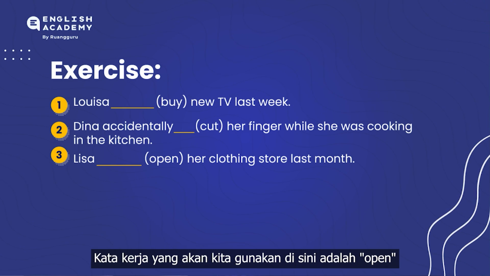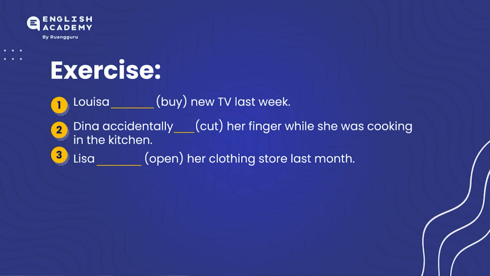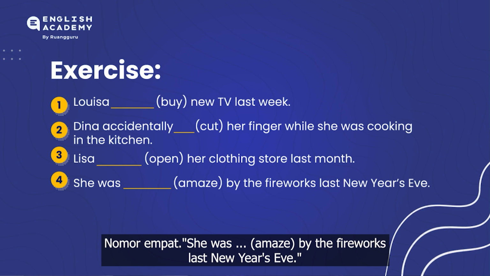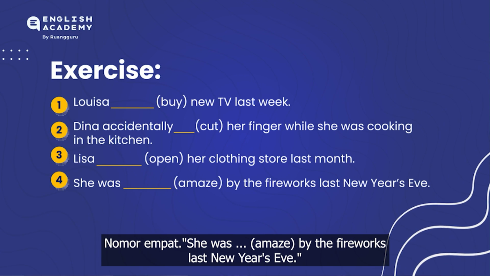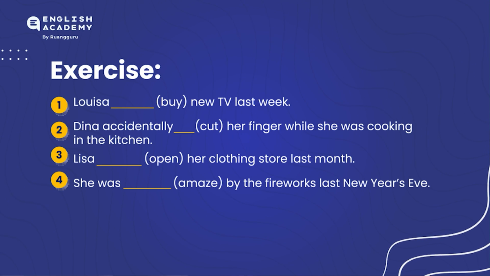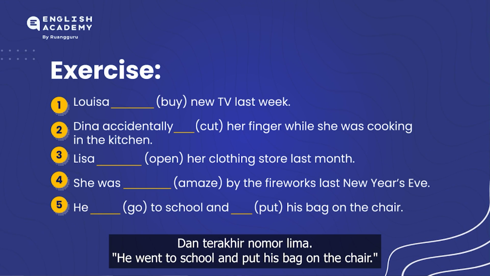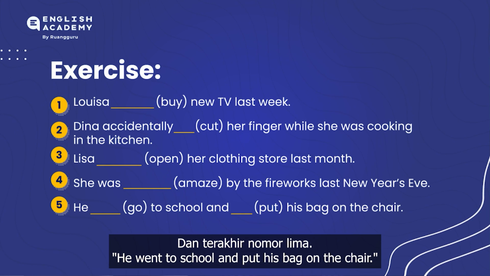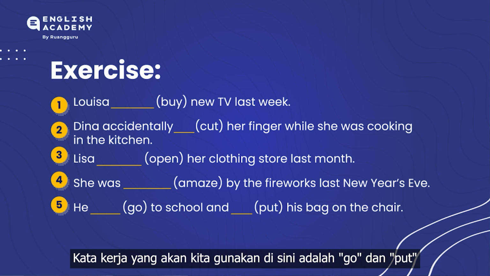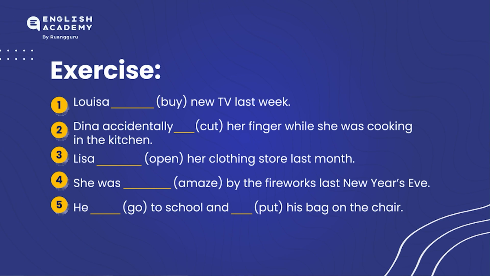The verb we're going to use in this one is open. Number 4. She was blank by the fireworks last New Year's Eve. The verb here is amaze. And number 5. He blank to school and blank his bag on the chair. The verbs here are go and put.